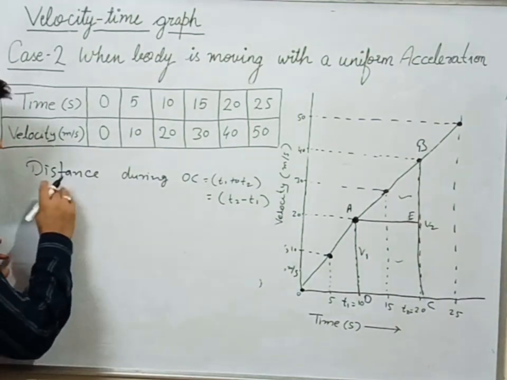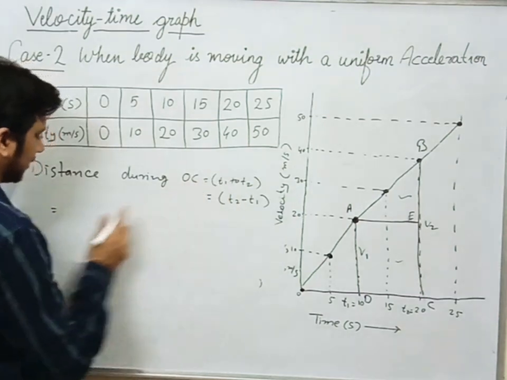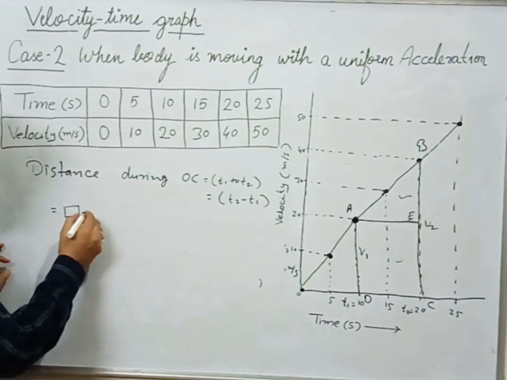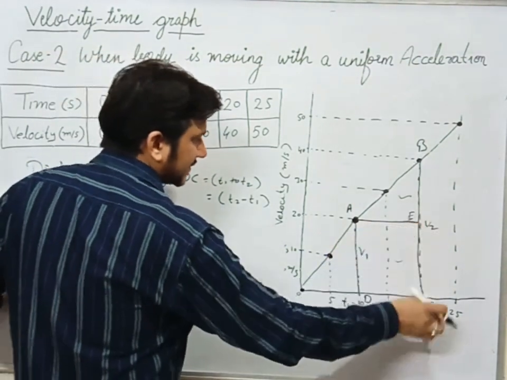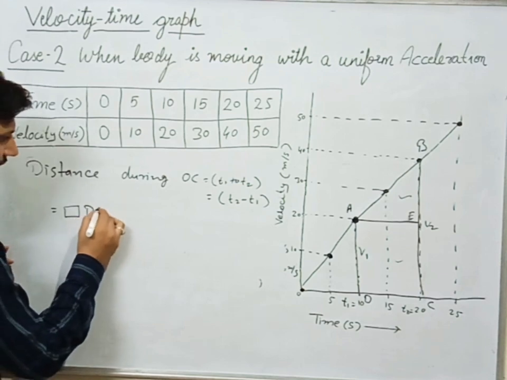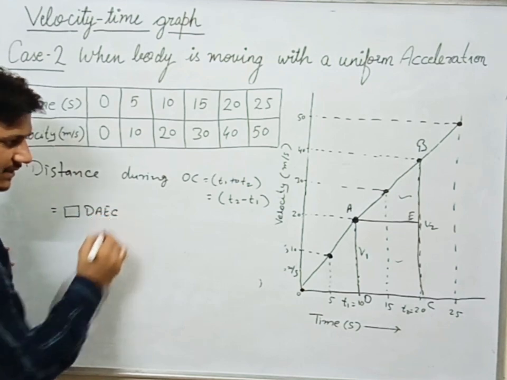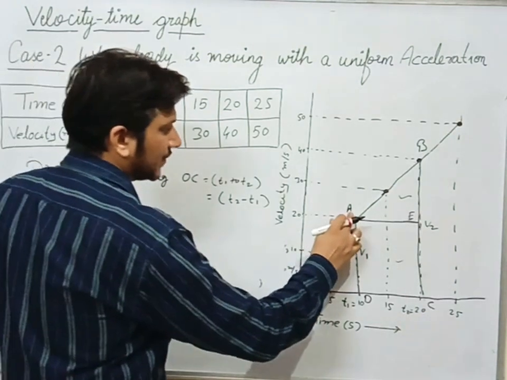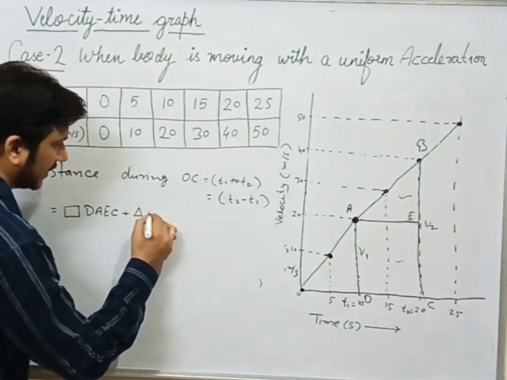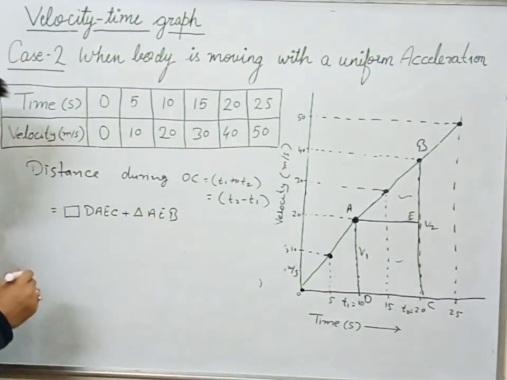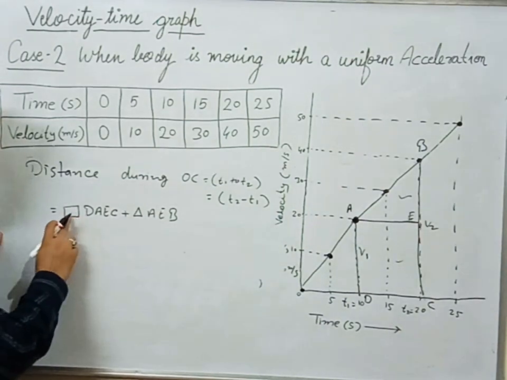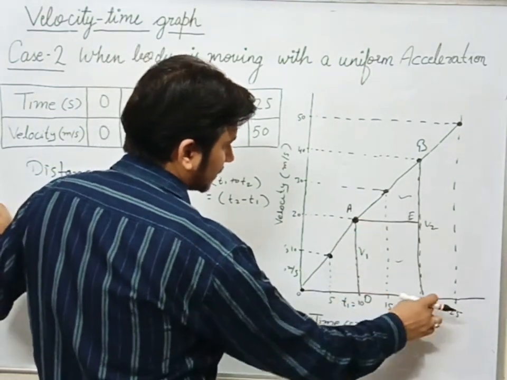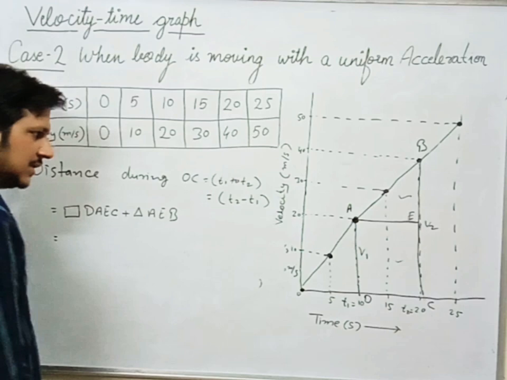So for the distance of the object during OC, we find the area of the rectangle DAEC plus the triangle AEB. For the rectangle, this side into this side gives the area of the rectangle.